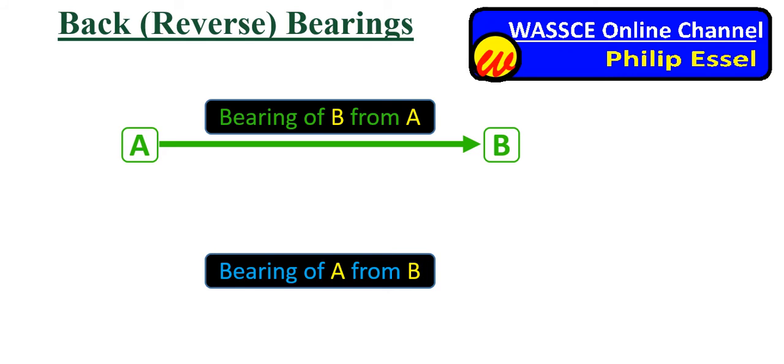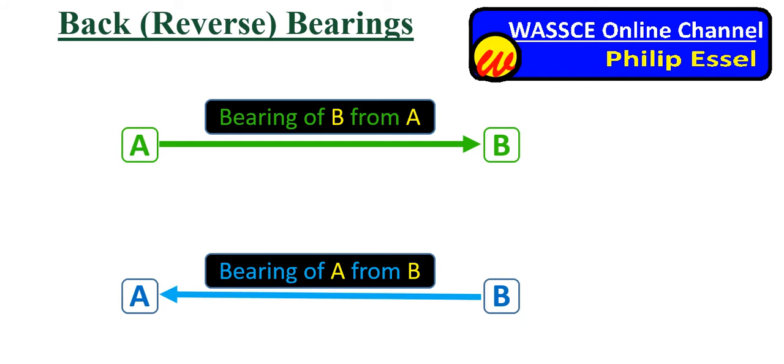You simply have to move from the point B to the point A, as shown in the diagram below. Now, that's how back bearings are done. We'll be applying this concept in cases where angles are given. In the meantime, we'll be looking at a few tricks that would help us when we come to this back bearing stuff.